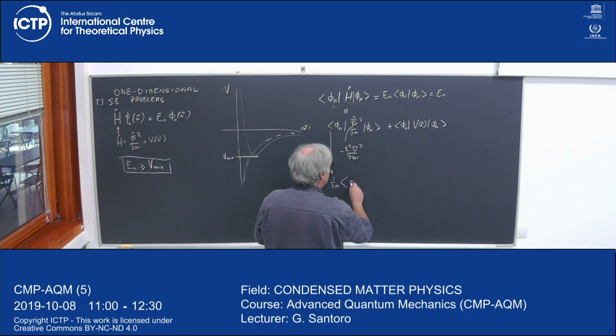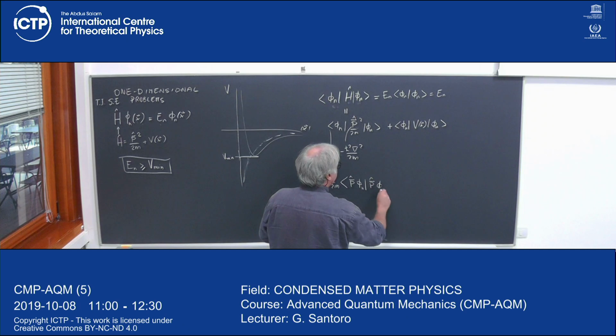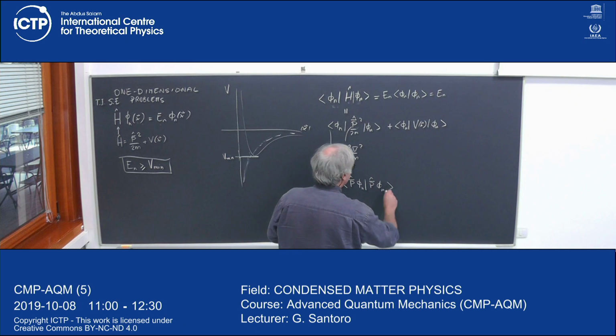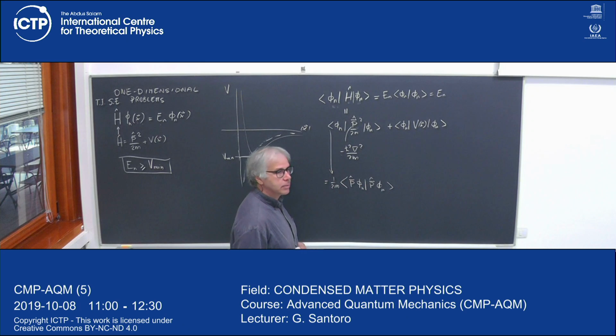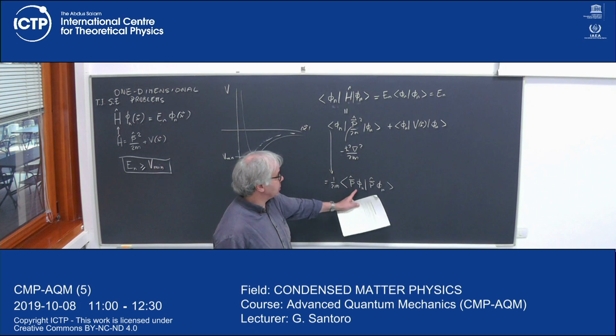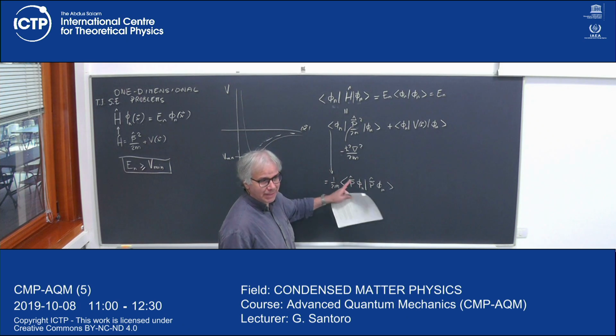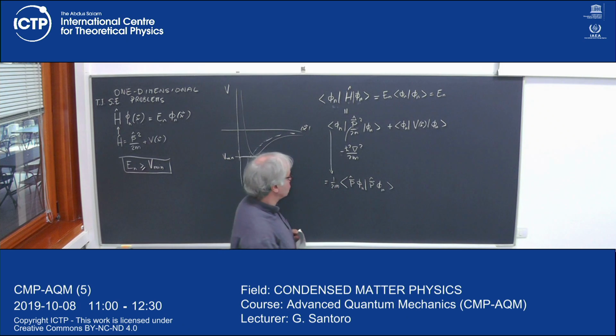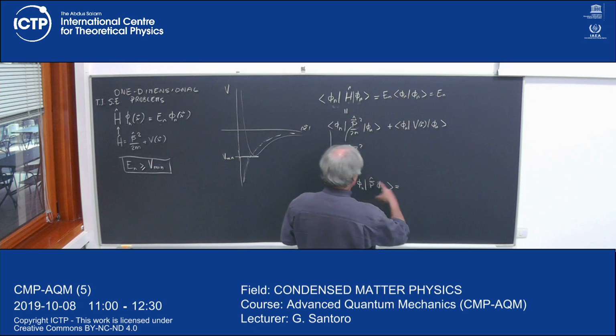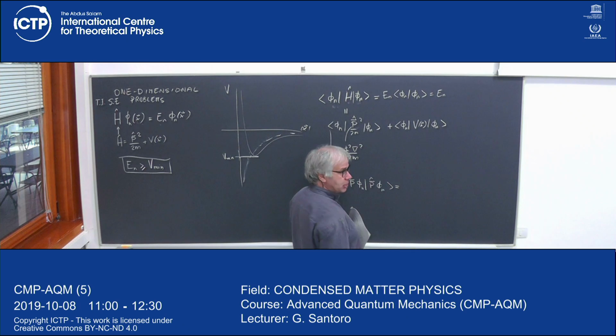So you can bring p to the left, so p phi n, scalar product, obviously, okay? And now you see immediately that this is the scalar product of a function with itself, so it's the modulus square of this object here.